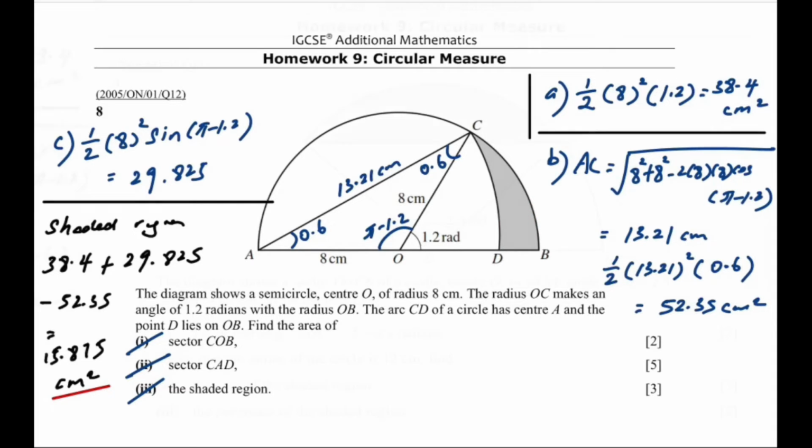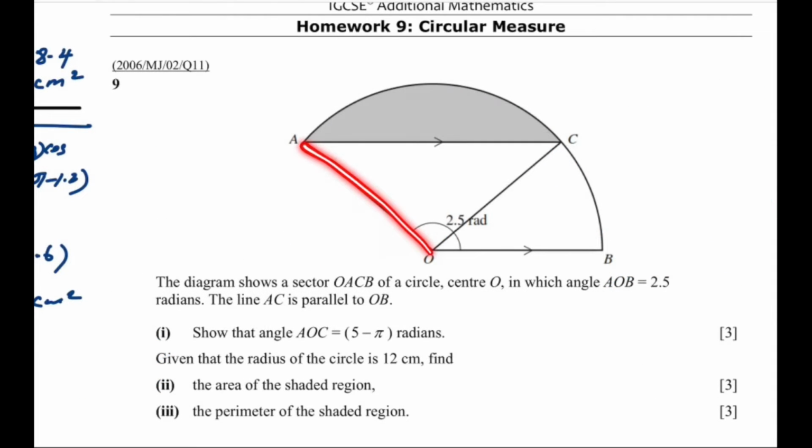Okay, we have a sector OACB with center O, and this is angle 2.5. These are parallel. Show that angle AOC, this part, is 5 minus pi radian. Since it involves parallel lines, it's always good to extend the line so that you can see the bigger picture.